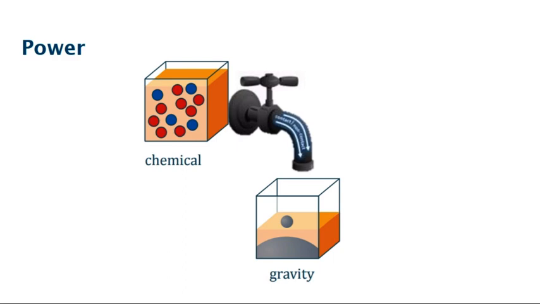So a transfer of energy from the chemical store to the gravity store. And again, there's a question about how quickly that happens, the rate at which energy is transferred, and that is the idea that is covered by power in physics.